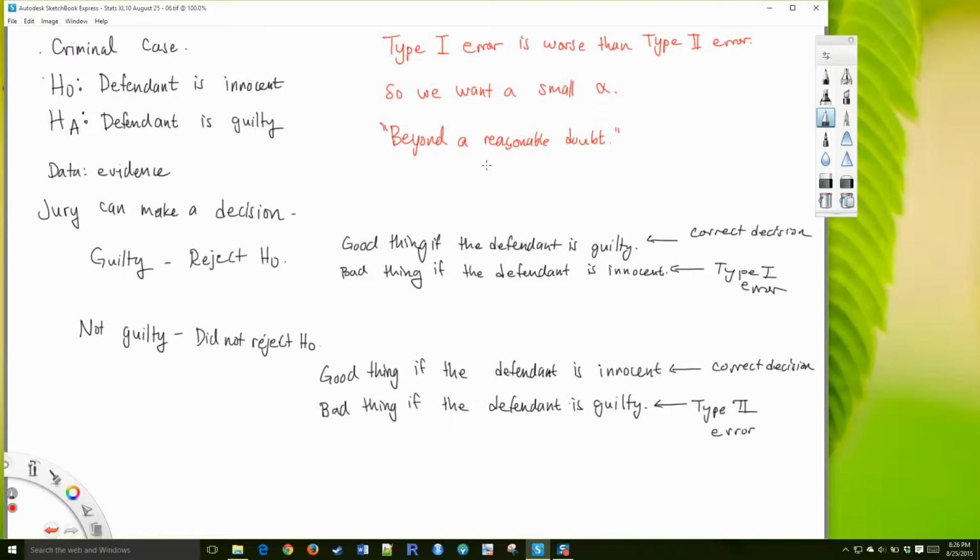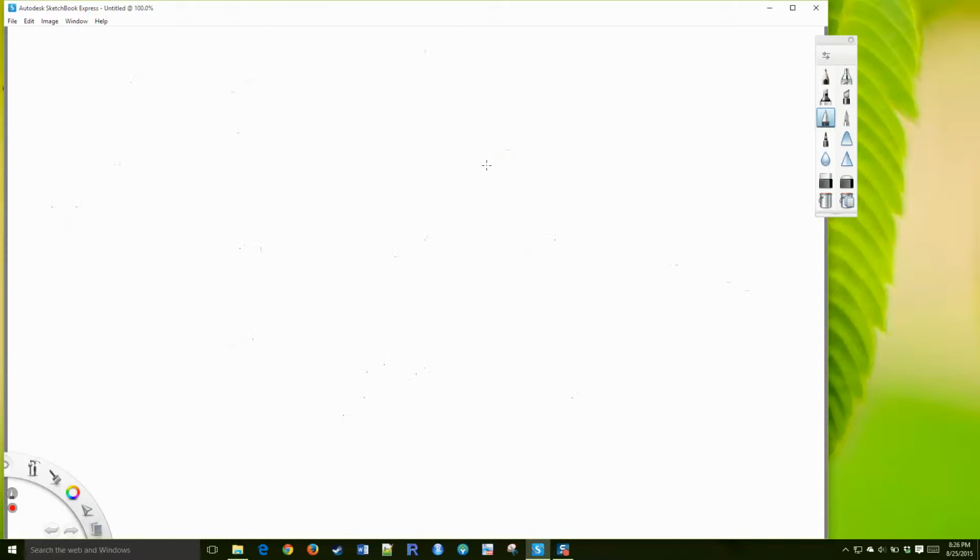Let me give you another scenario here. Okay. Think of a smoke detector. Now, what is the job of a smoke detector? Alert you if there's a fire. Okay. The purpose you buy a smoke detector is to alert you if there's a fire, right?